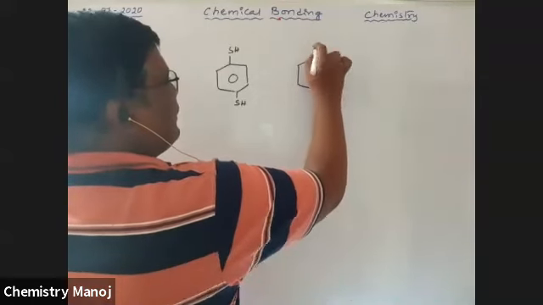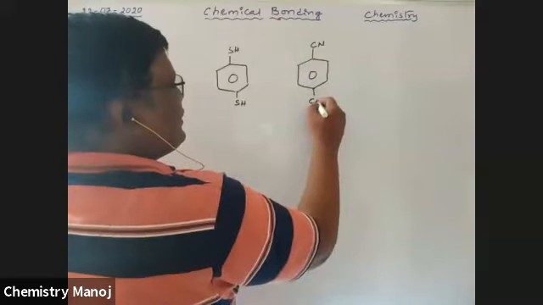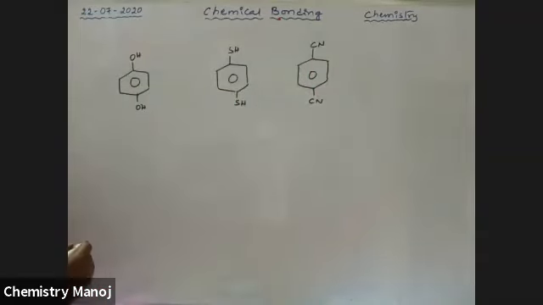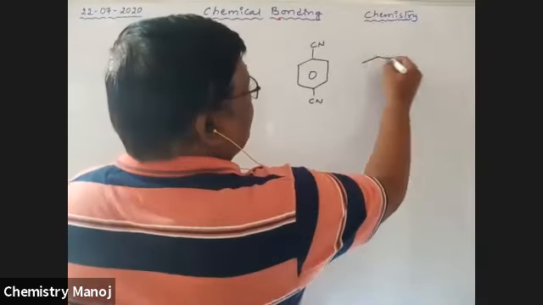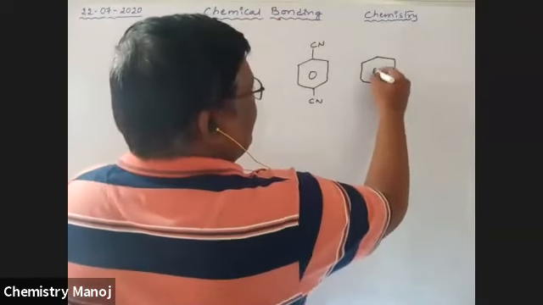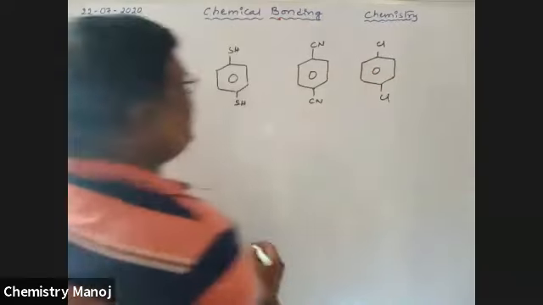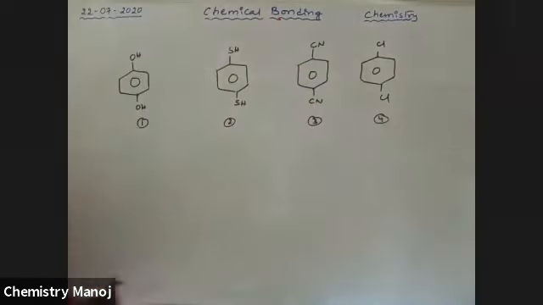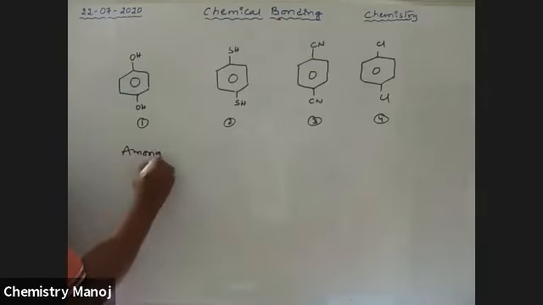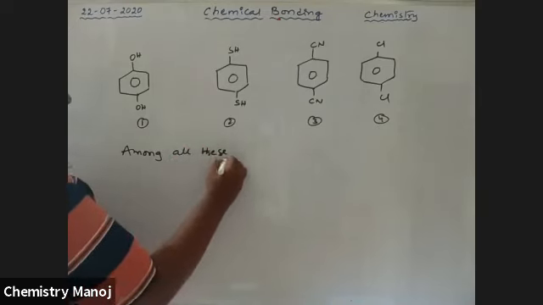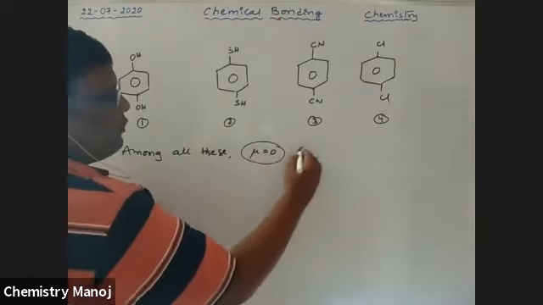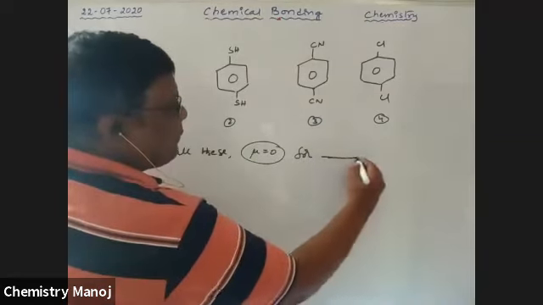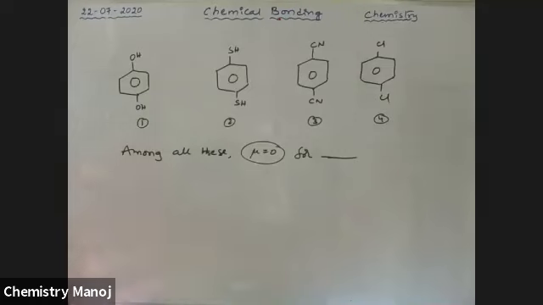This is cyanide. These are the three compounds. This is chloro. This is chloro. These are the 4 compounds, 1, 2, 3, 4. Now my question is, among all these, mu is equal to 0 for which one?